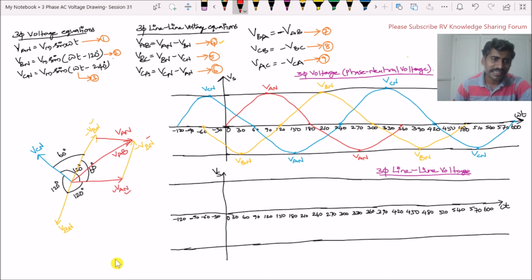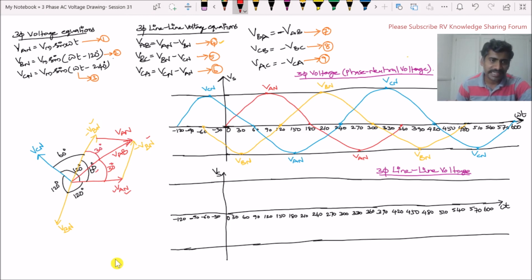If you look at this, the resultant voltage VAB is exactly bisecting minus VBN and VAN, right? The angle between the phasor VAN and minus VBN is 60 degrees. So the phase angle between the phasor VAN and VAB becomes 30 degrees and the phase angle between VAB and minus VBN becomes 30 degrees.